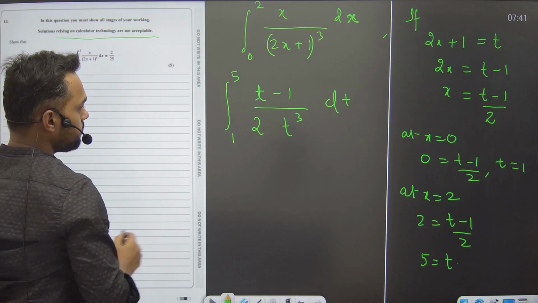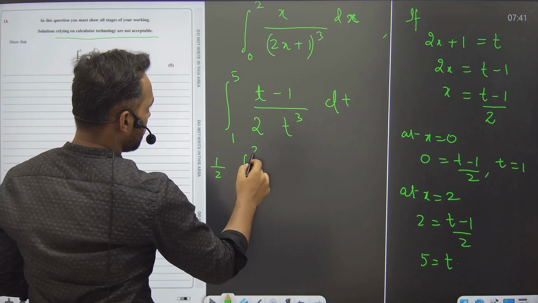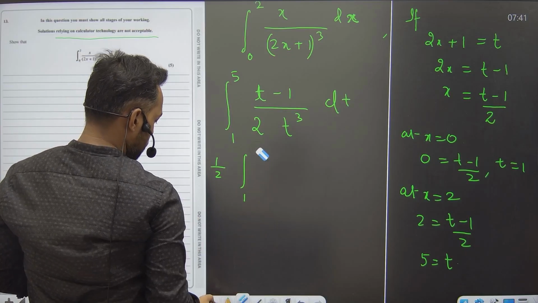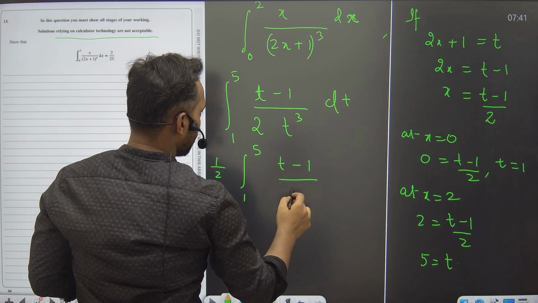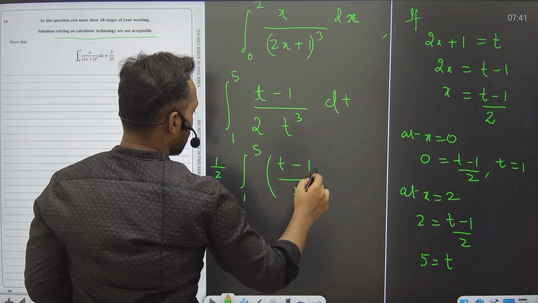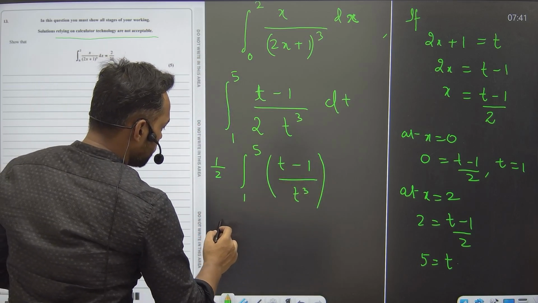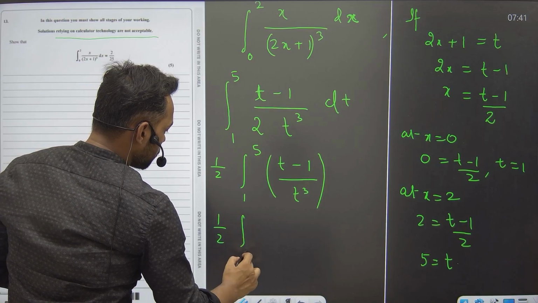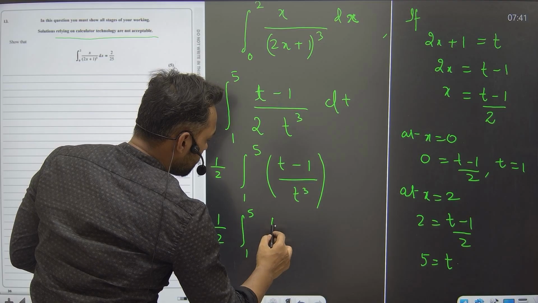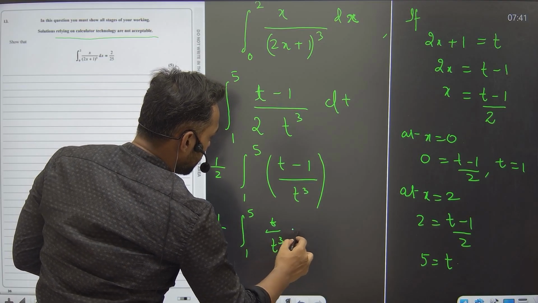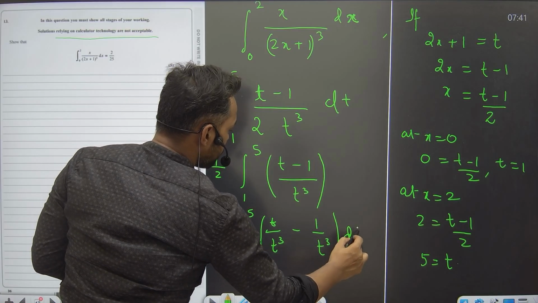Now we will take 1 by 2 common, and integration from 1 to 5 of (t minus 1) upon t cube. If we open this bracket, it will make our calculation easier. So you will get t by t cube minus 1 by t cube. Don't forget to mention dt here, students.